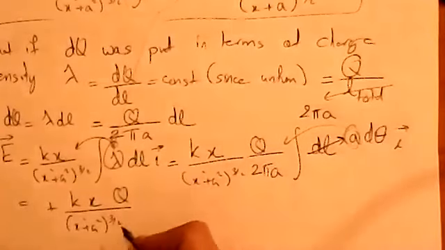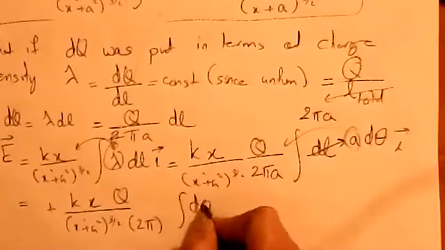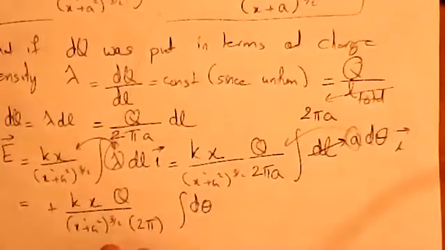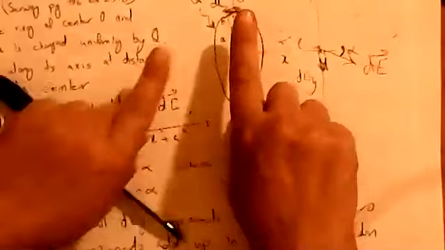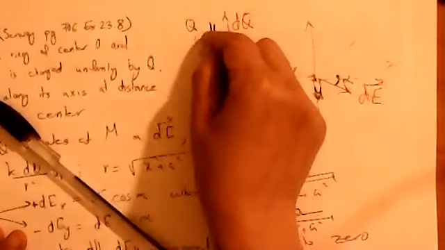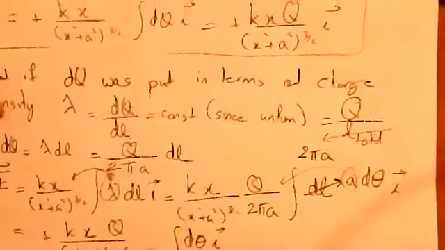When I put the a outside, there remains 2 pi in the denominator and the integral of d theta. From where to where? To take into consideration the whole ring. I took the angle subtending dl, and I want to cover all of it, so if I start from a line and cover the whole ring, the angle is 2 pi.